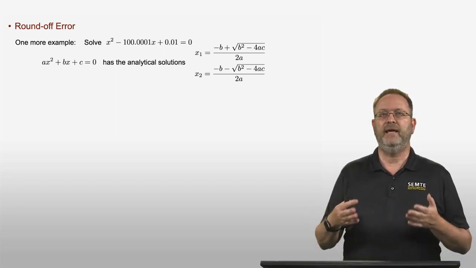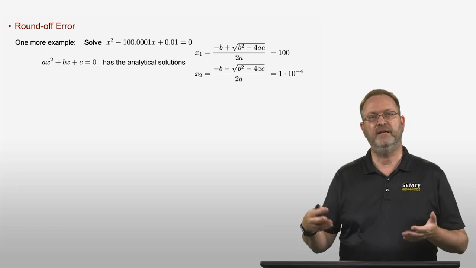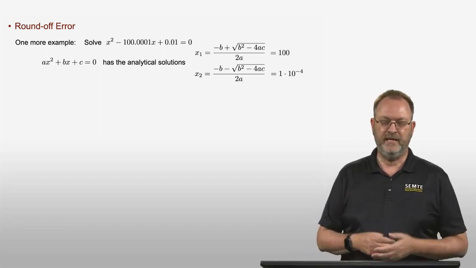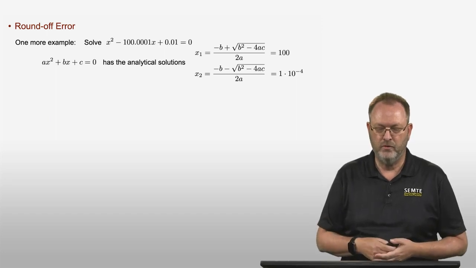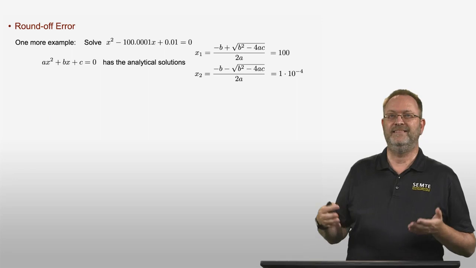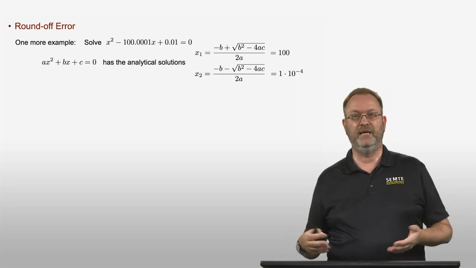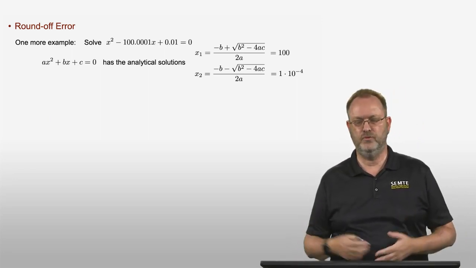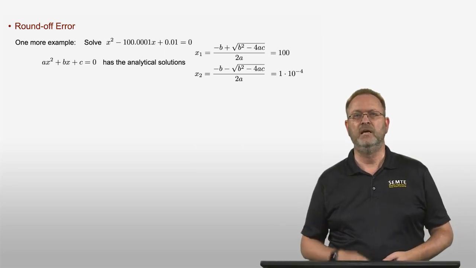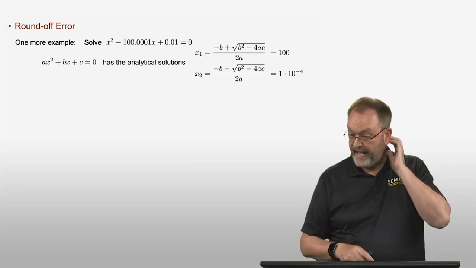If I plug in the values for a, b, and c from the quadratic equation, so a being 1, b being negative 100.0001, and c being 0.01, I will get the exact answer that x1 would be 100 and x2 would be 1 times 10 to the negative 4. Now let's plug these formulas into MATLAB.